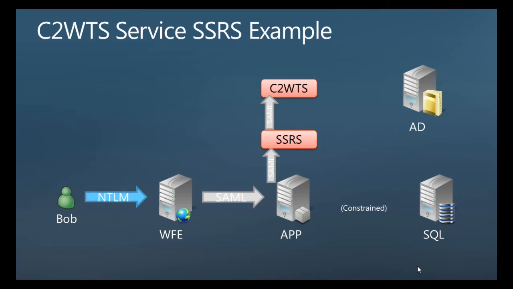So I'm going to use the local claims to Windows token service to translate that claim into Bob's Windows identity. The claims to Windows token service does the S4U logon, and it gets a Kerberos ticket. It then passes that Kerberos ticket back to the service application, in this case reporting services, and then reporting services is able to delegate that ticket all the way back to SQL Server. Remember, the delegation here is Kerberos constrained delegation.